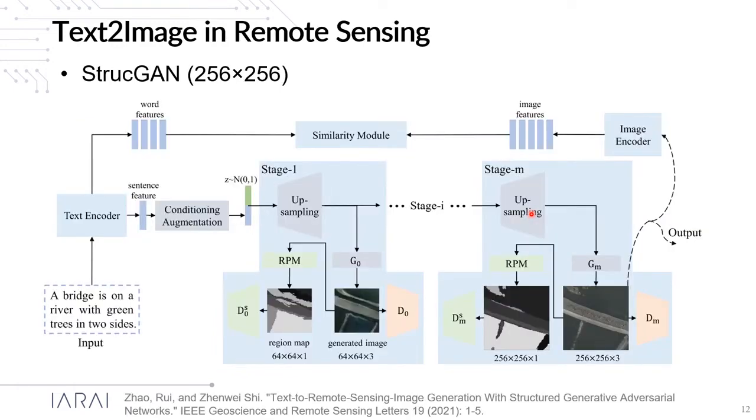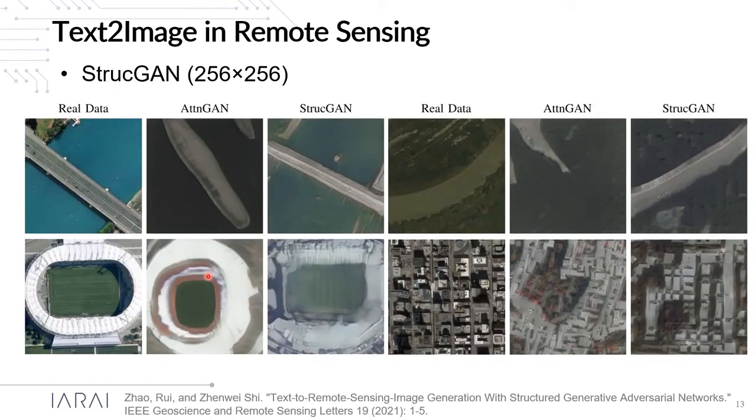Okay, so far most of the research focuses on image generation of natural images, while related works in the remote sensing scenario are still very few. Here is one related work about structured GAN published in 2021, and you can see that the generation results are still not satisfactory.